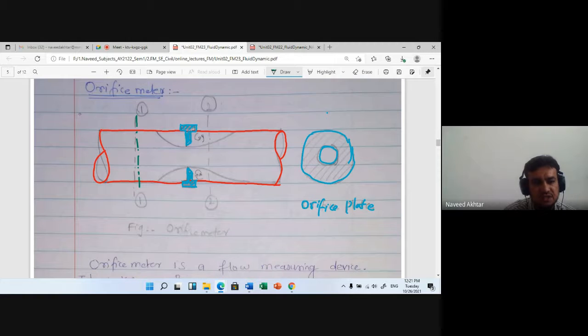There are two sections here. Also, we will consider sections 1-1 and 2-2 as we considered in the venturimeter. Before the orifice plate is the pipe flow at section 1-1, and after the orifice plate we will consider section 2-2.